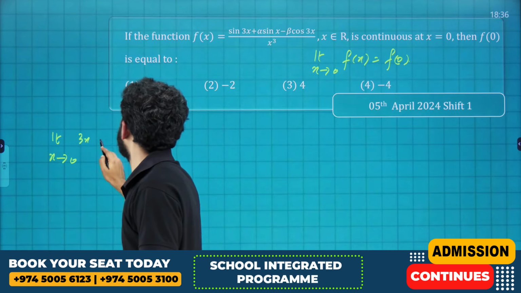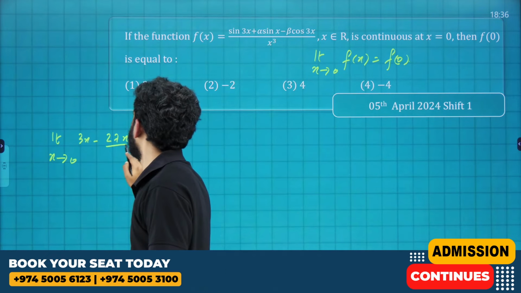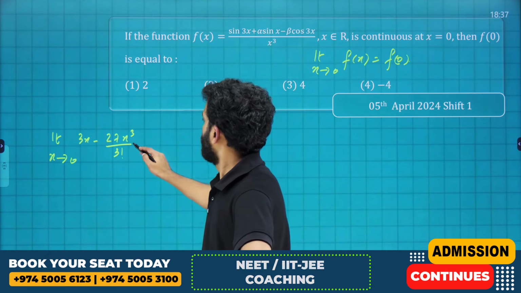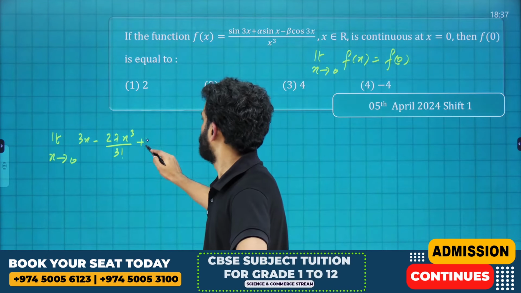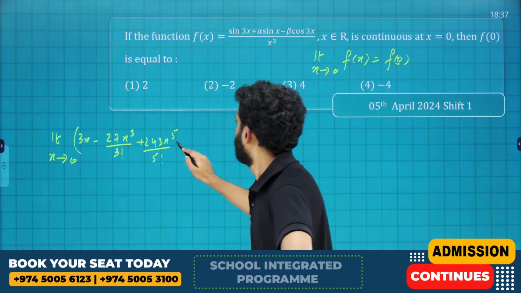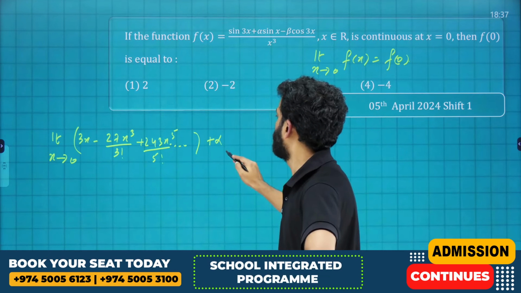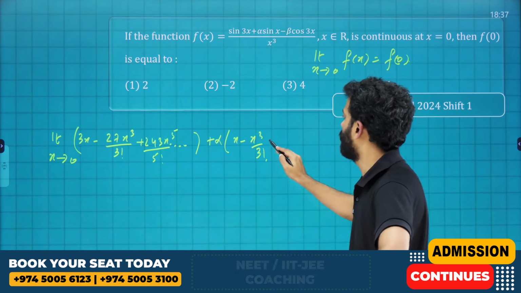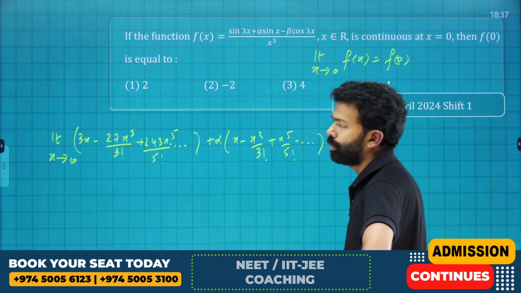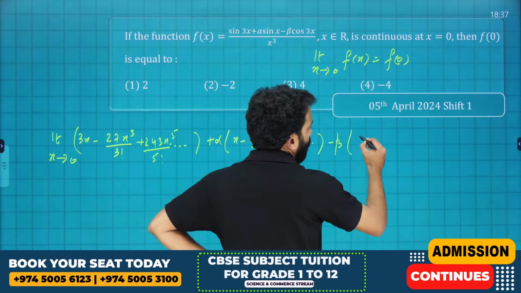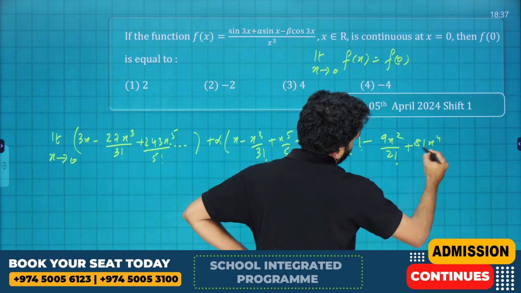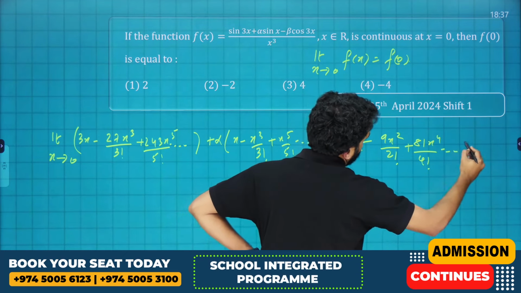Therefore, sin 3x will be 3x minus 27x cube divided by 3 factorial plus x raised to 5, that is 3 to the 5, 243 x raised to 5 divided by 5 factorial, minus etc., plus alpha into (x minus x cube by 3 factorial plus x raised to 5 by 5 factorial minus etc.), minus beta into cos 3x. What is cos 3x? 1 minus 9x square by 2 factorial plus 81x raised to 4 by 4 factorial minus etc.